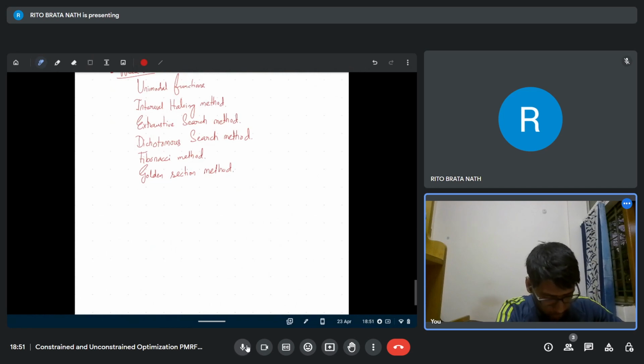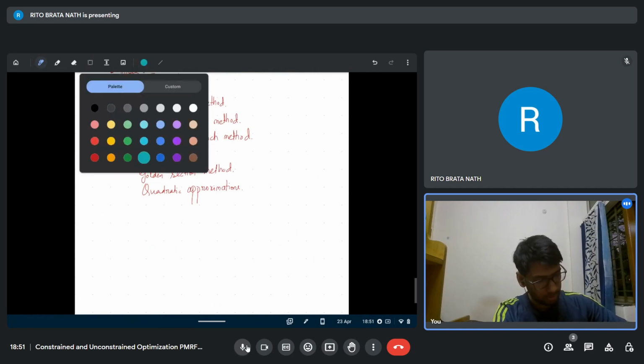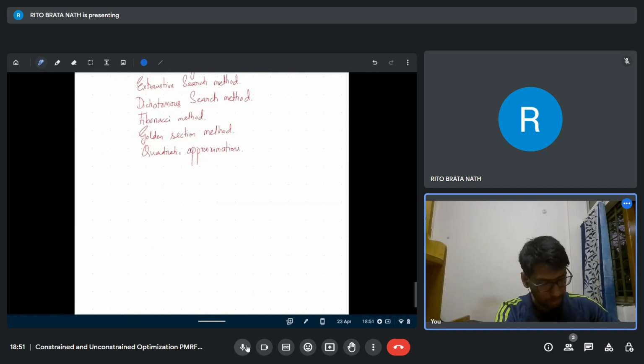Then you learned about quadratic approximations. Okay, so let me just briefly talk about this golden section method.